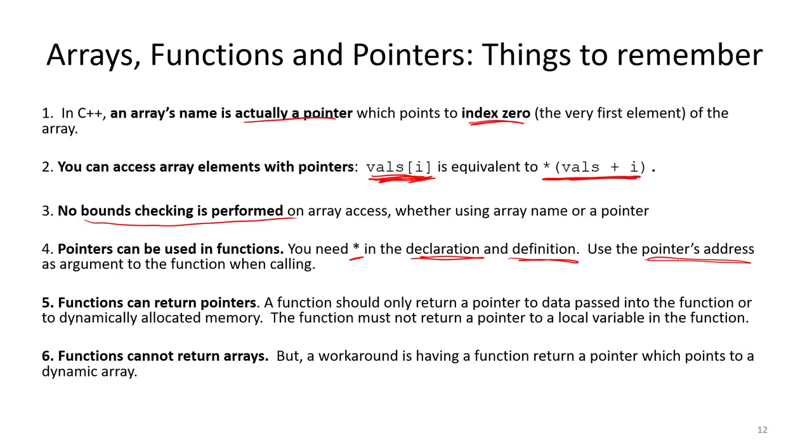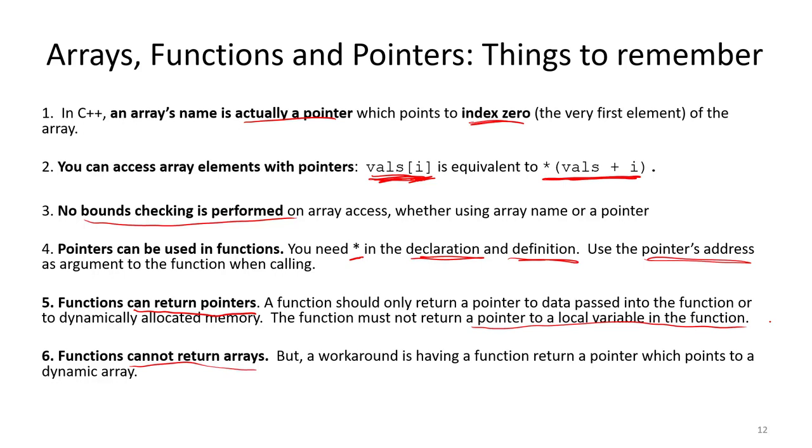We also know that while functions cannot return arrays, functions can return pointers. So we can declare a function to have a pointer return type. You just have to be careful to make sure that your function does not return a pointer to some variable that will be destroyed. If you return a pointer to a local variable that does not exist after the function ends, then you might run into problems like runtime errors.